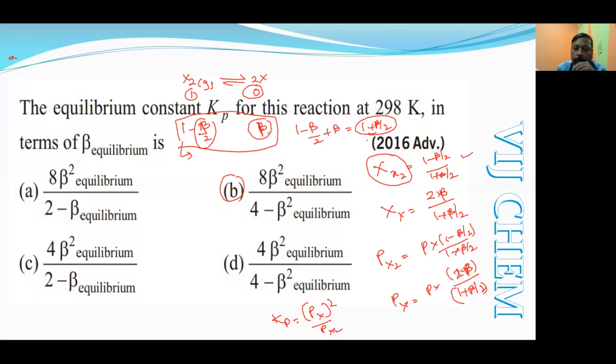Same way, mole fraction of X in the atomic form will be beta. Okay, this 2 will not be there. Beta by 1 plus beta by 2. Now, partial pressure of X2 is equal to total pressure into mole fraction. Partial pressure of X is equal to total pressure into mole fraction. Now, substitute in the Kp. Then you will get 8 beta square by 4 minus beta square. Okay, B will be the answer.